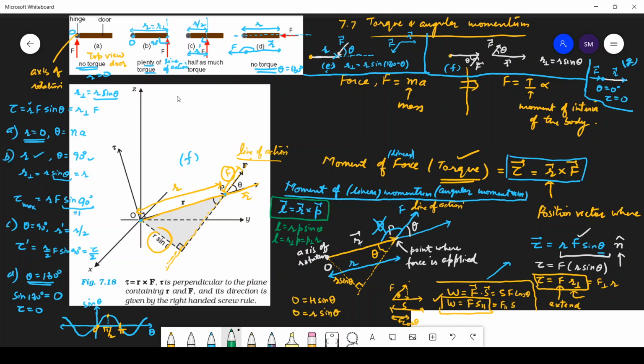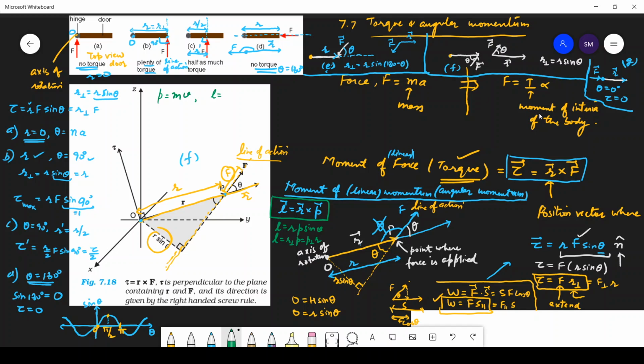You remember you have the formula P equals M into V. So in rotational motion, your angular momentum will be written as L equals, what do we replace M with?